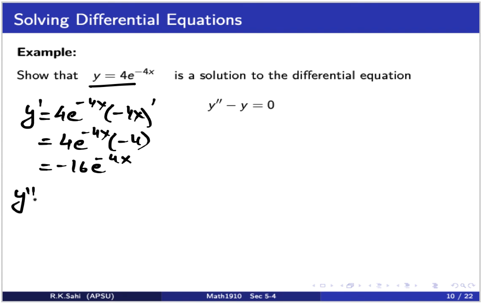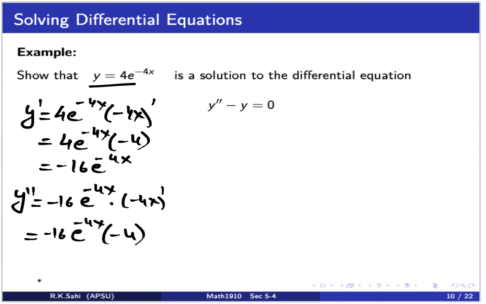So y double prime is negative 16 e to the power negative 4x times negative 4, or 64 e to the power negative 4x. Now let's plug these values in.